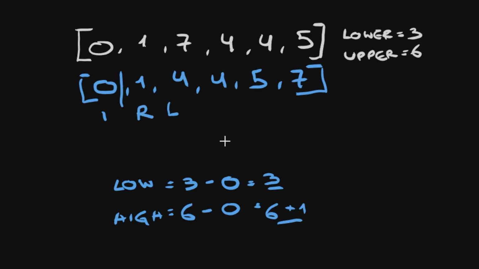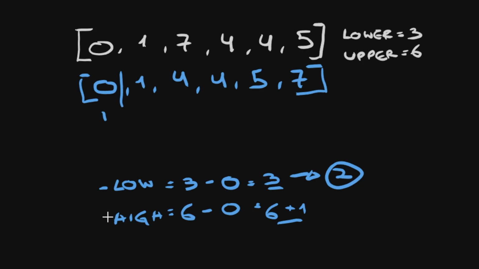Now right is here, and once we reach a point where left is greater than right, we return the left pointer. So this binary search with a target of 3 returns 2, because this is index 0, index 1, and index 2.